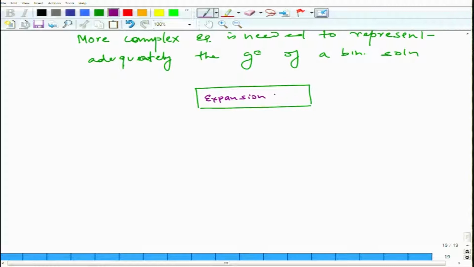One can consider an expansion of G^E in terms of mole fractions of the components. These different equations are well connected.